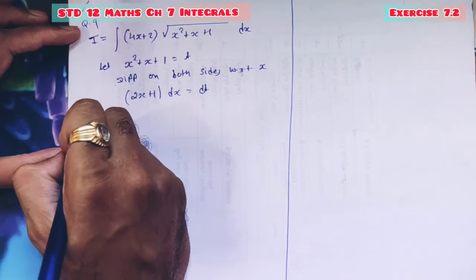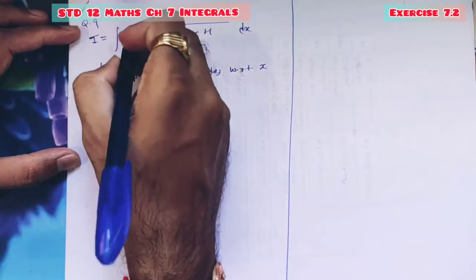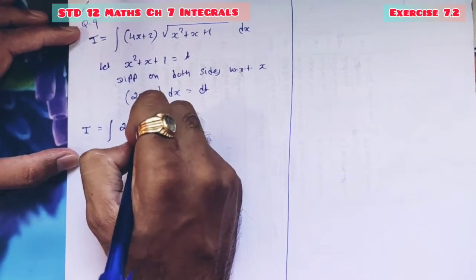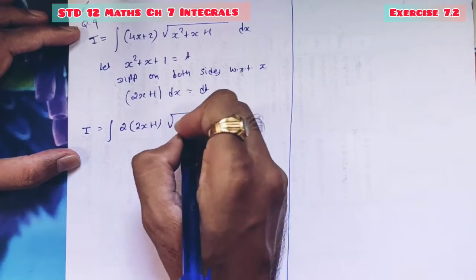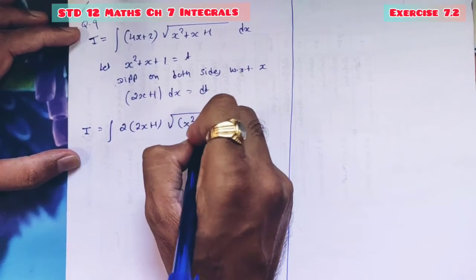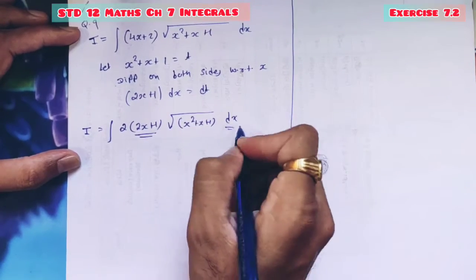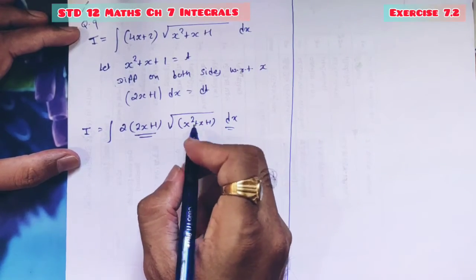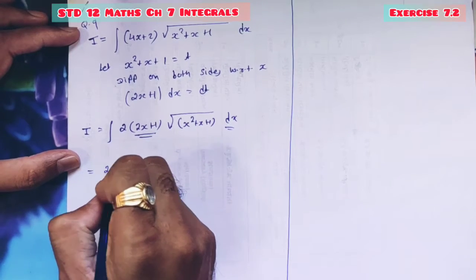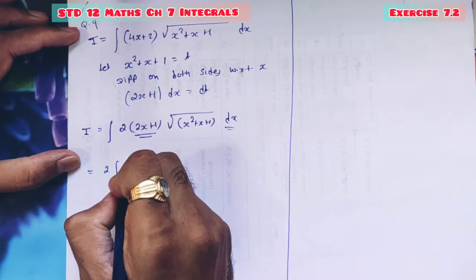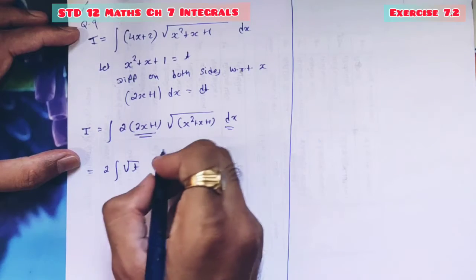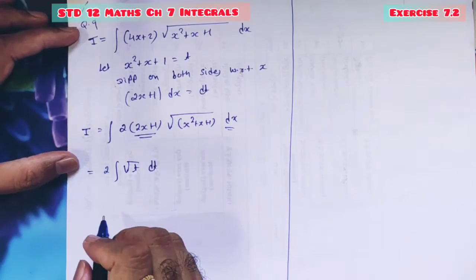So our integration I, taking these two common, is 2 into 2x plus 1 square root of x square plus x plus 1 dx. So this 2x plus 1 dx equal to dt, and this one as t, and taking this 2 as a constant. This will be square root of t, and the remaining term is dt.